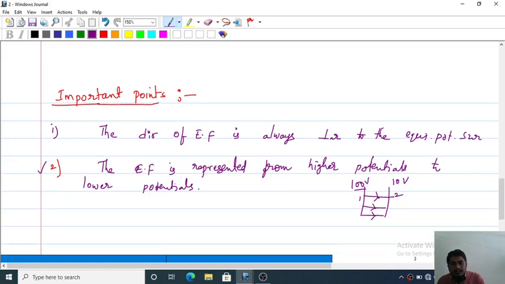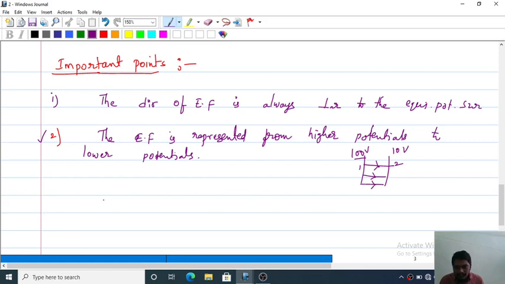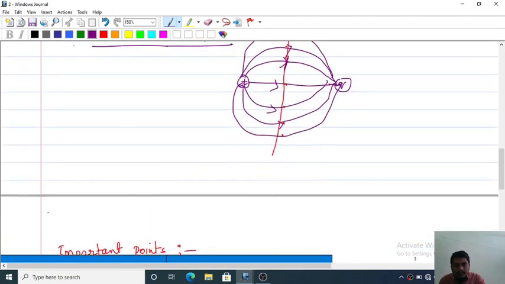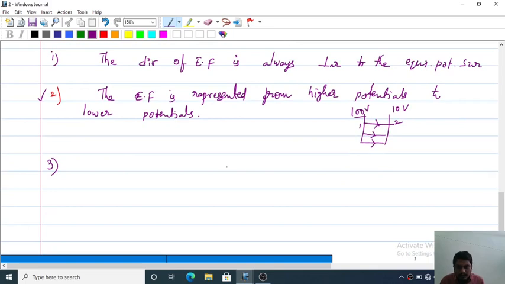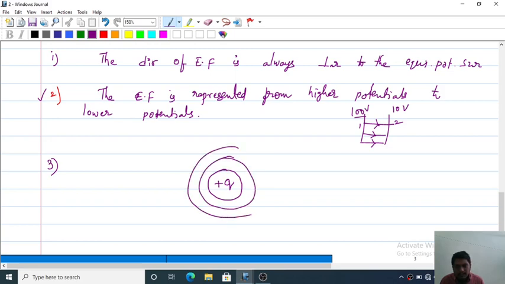Okay. Now the third important point regarding equipotential surface is, for a point charge, the equipotential surface is a sphere. Equipotentials are concentric spheres.